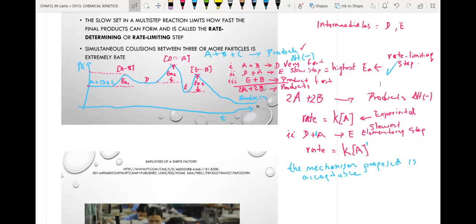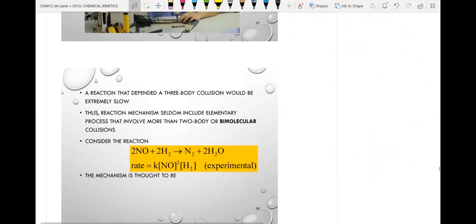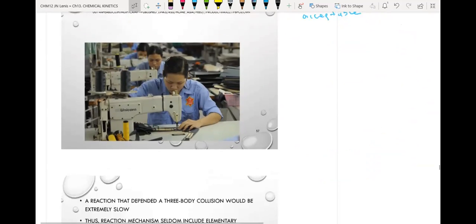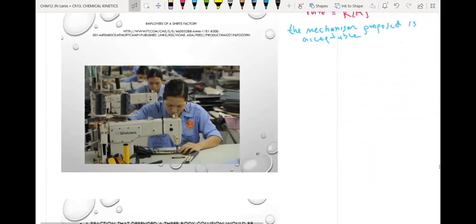Of course, everything is done through experiments to verify your steps. But you have to write a new mechanism. So that's the importance of the mechanism, and that's why at the beginning I said that the rate law will help us to find or to write reaction mechanisms.